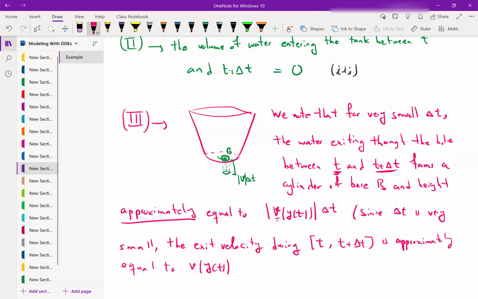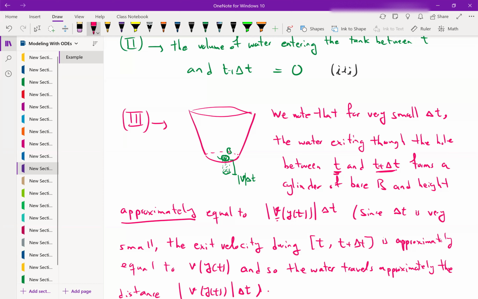And this is the consequence, and so the water travels approximately the distance absolute value of V of y of t times delta t during this interval.